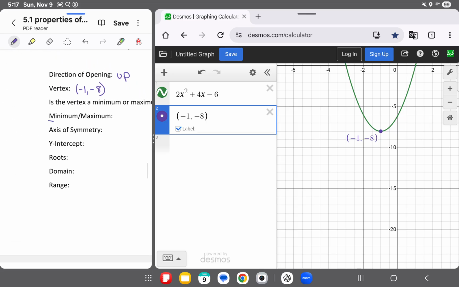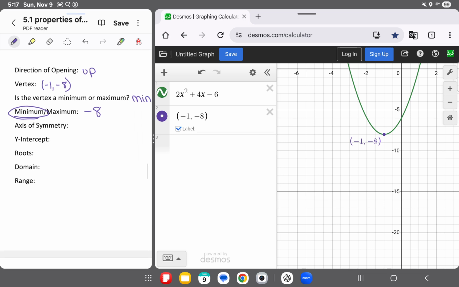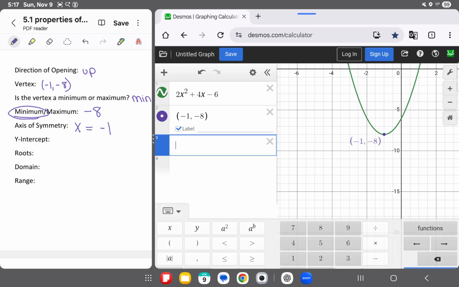So we have a minimum value here, and that is going to be what our y value is in our function, which is -8. Then that axis of symmetry is going to be the x value of our vertex, so that -1. But it needs to be a function, so x equals -1.